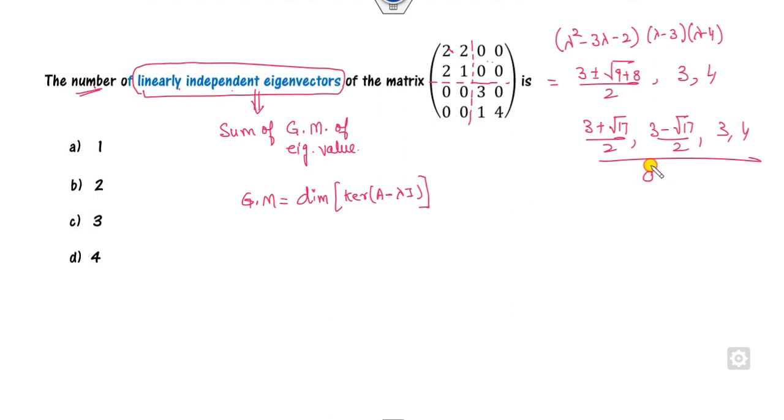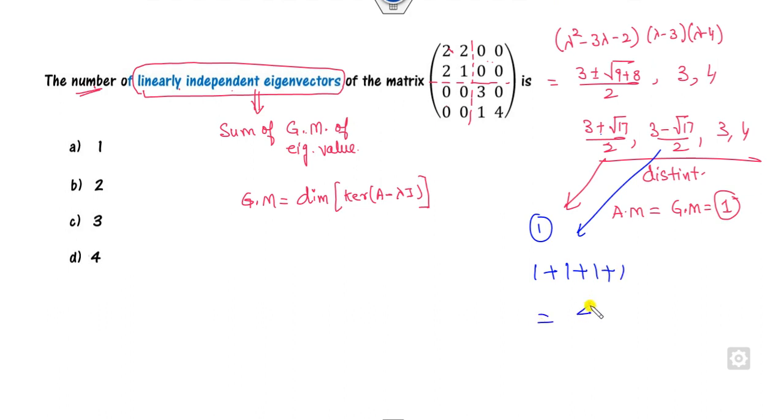All are distinct. So once they are distinct, it means the algebraic multiplicity and geometric multiplicity of each is 1. So what is the sum of the geometric multiplicity? The geometric multiplicity of this is 1, of this is 1. So the answer is 4, the right answer of this problem.